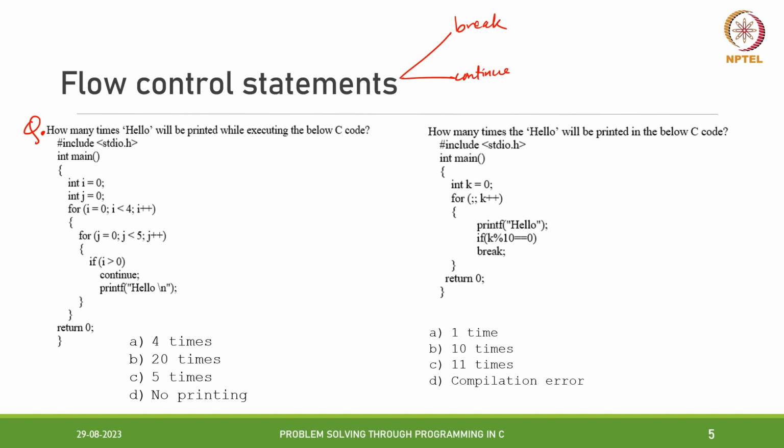Now you check if i greater than 0, you will continue, and then you are printing hello. How many times will hello be printed when you execute this code? Option A, 20 times. Option C, 5 times.